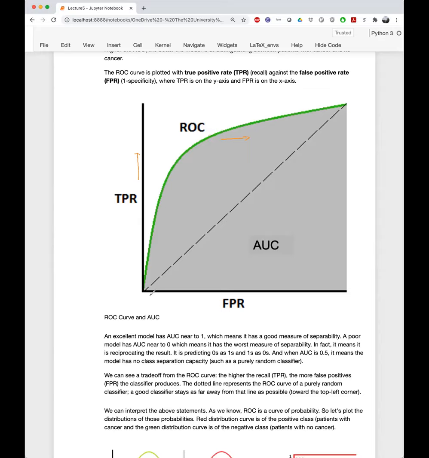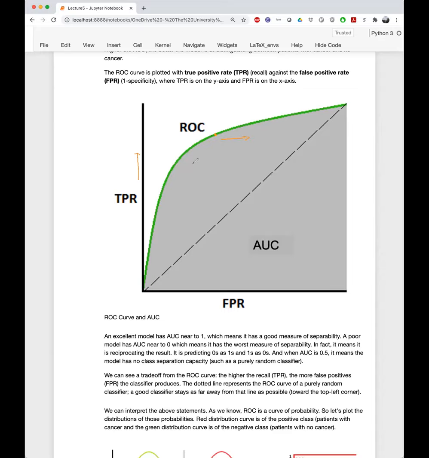So you can see there's a sharp increase of recall. At around this point, the curve becomes more flat. That means we may just stop here, because moving beyond this point comes at the cost of increasing the false positive rate a lot.